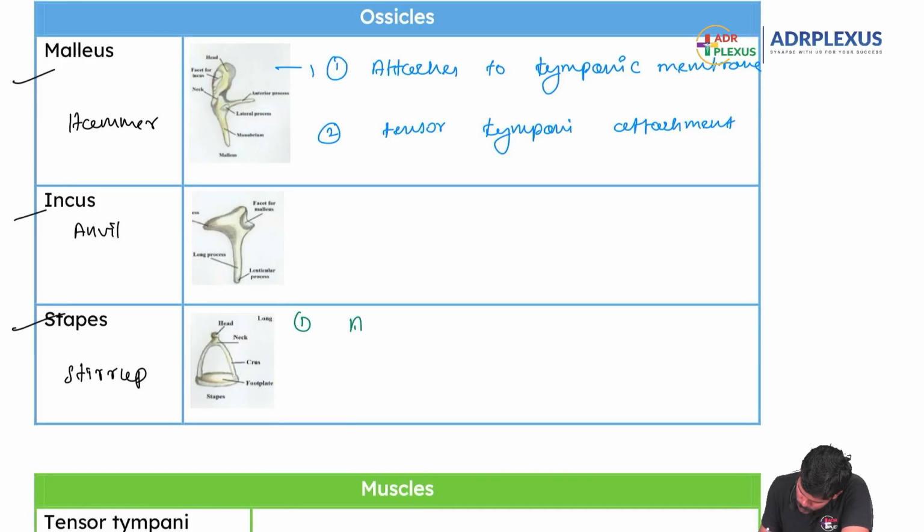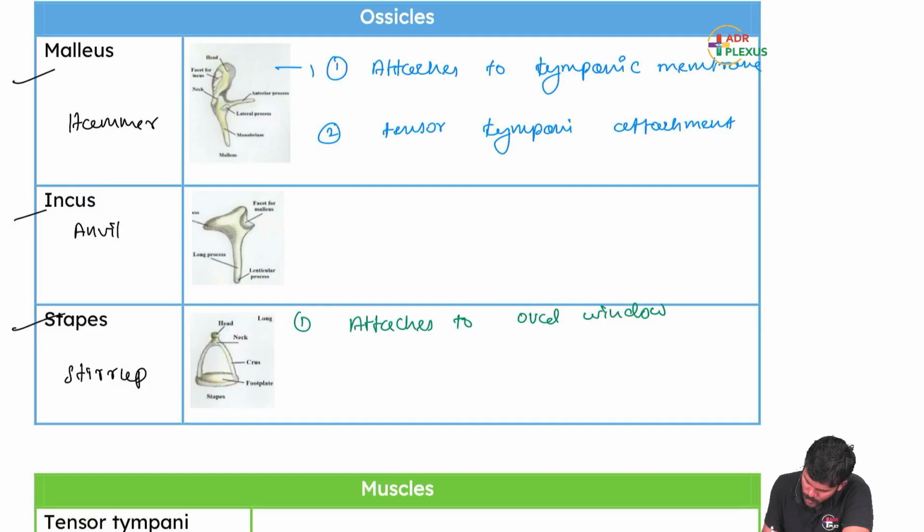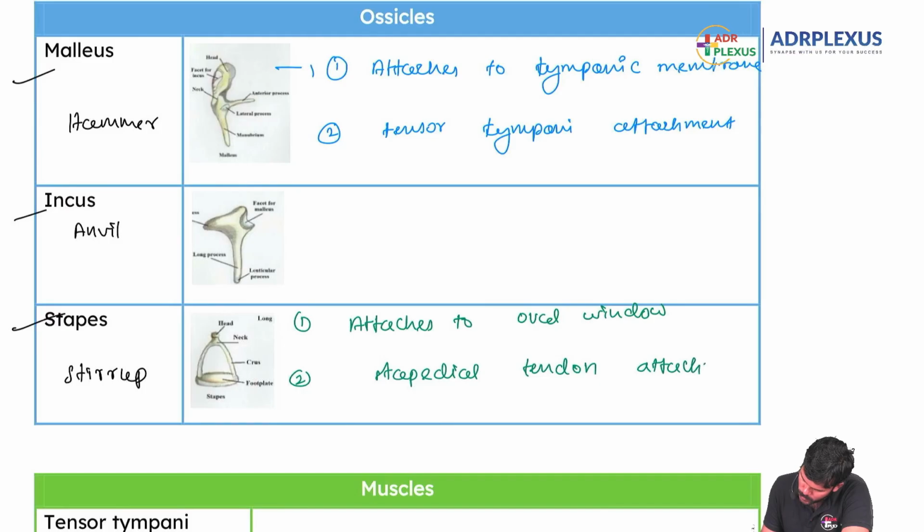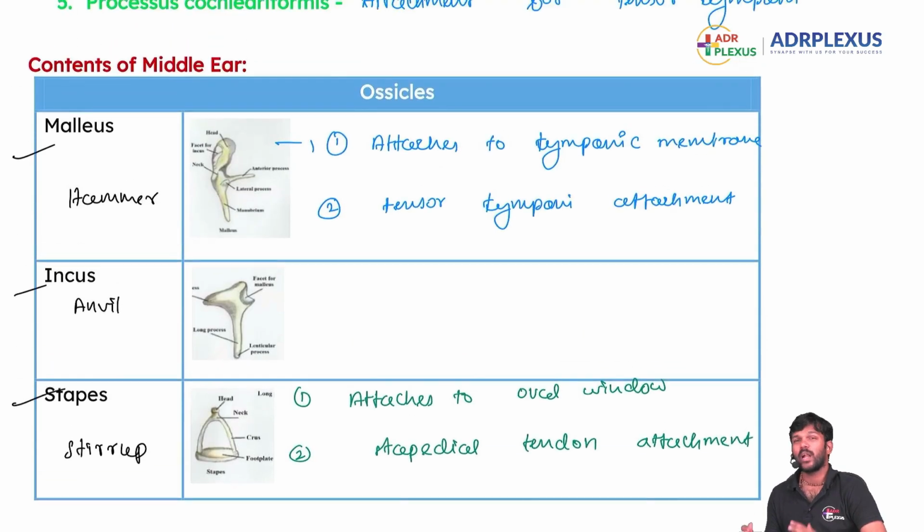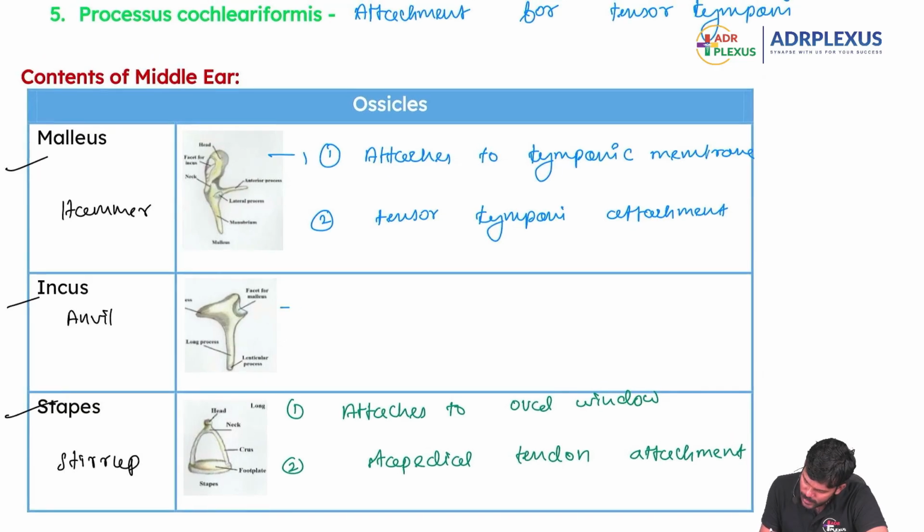The stapes attaches to the oval window that leads into the inner ear. It has the stapedial tendon attachment. Now, the one which is between these two ossicles is the incus. The incus has no muscle and is in between the ossicles.